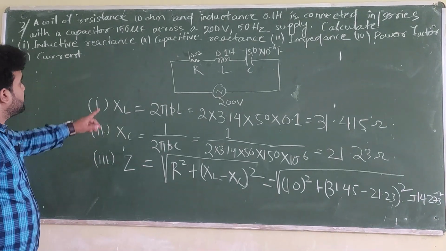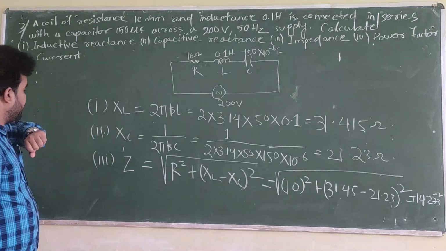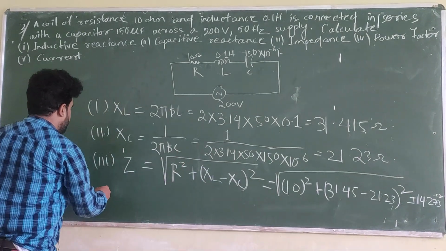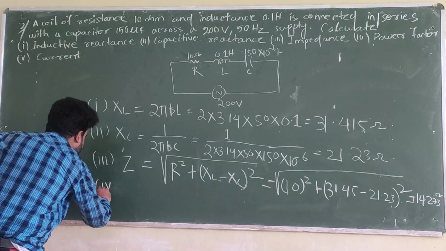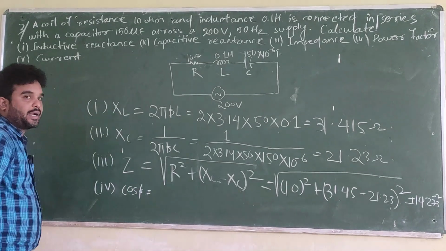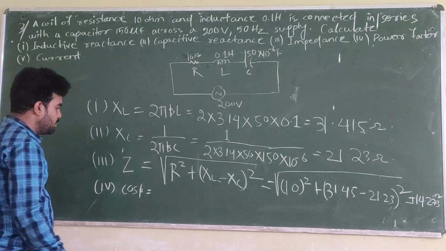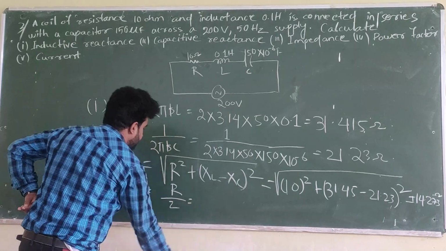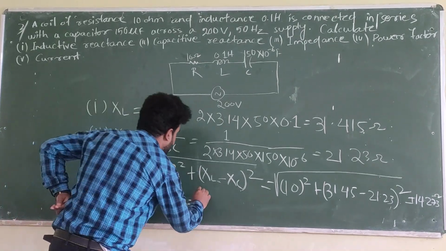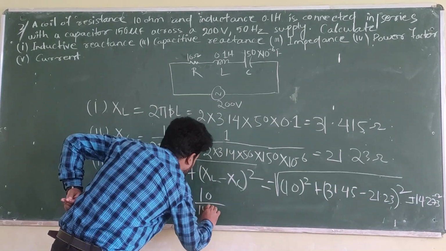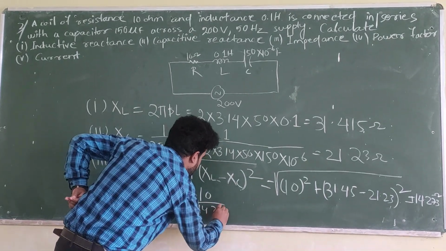Clear? Then power factor, which means cos phi. What is the formula? I have already told you: cos phi is R by Z. R is 10 divided by Z, which is 14.273.